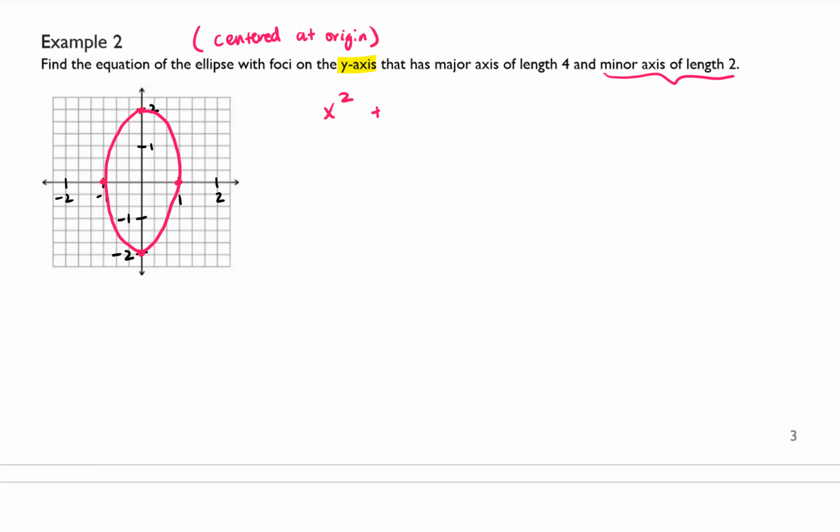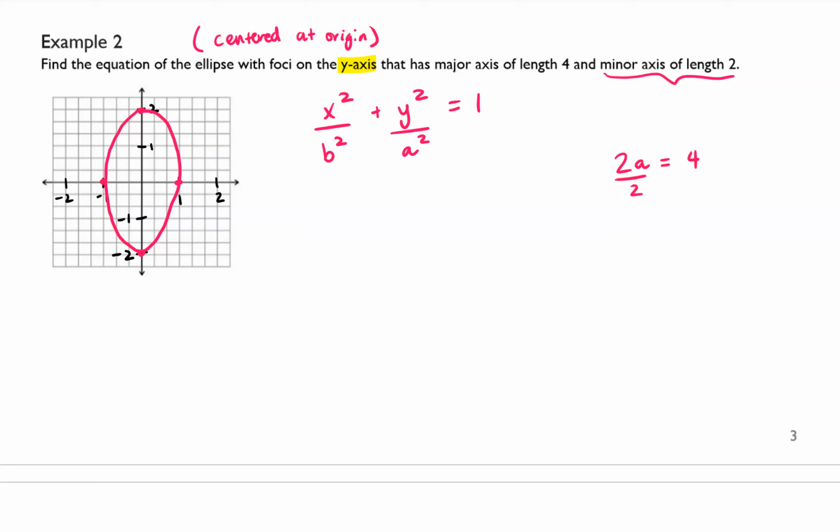So we have x squared plus y squared equals 1, and the denominator for x squared is going to be b squared, and then for y squared we'll have a denominator of a squared. And we know that the major axis length is 4, and from up above we know that 2a is equal to the major axis length, which is 4.